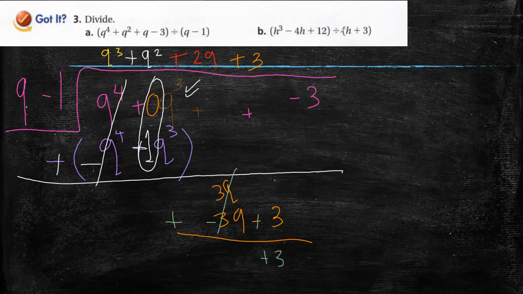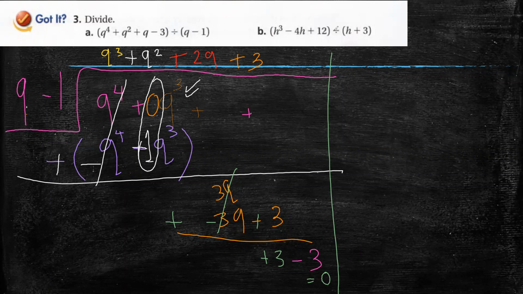Then I will look up. Is there anything here constant like my remainder? Yes, negative 3. I will bring it down. And then I will say 3 minus 3 is 0. So from here, by this way, I finished or stopped division.